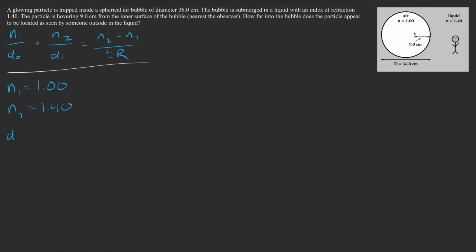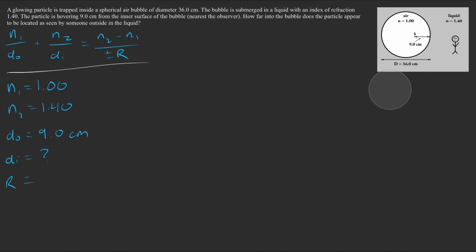We know the object is 9 centimeters from the refracting surface. Once again, we don't know dI. And we know that the magnitude of R is half the diameter. Our diameter is 36 centimeters here, so half of that is 18 centimeters as our R value. Okay, now what is the sign of R?